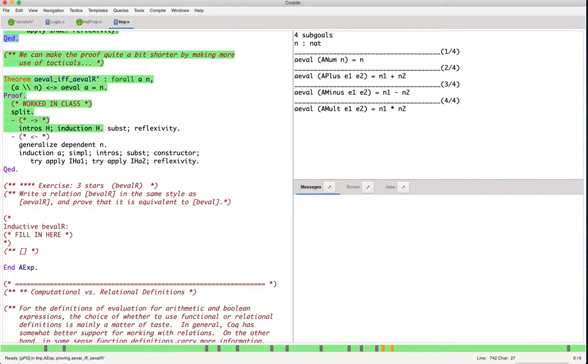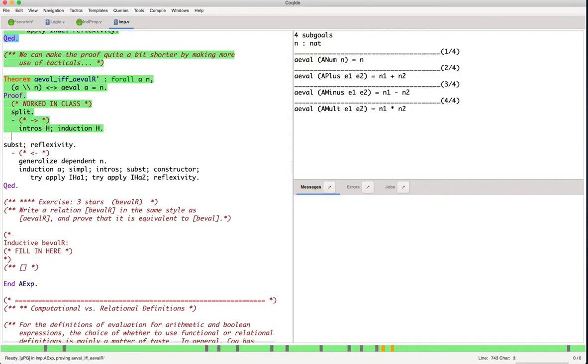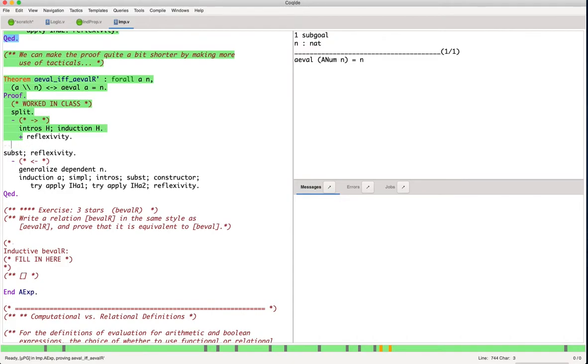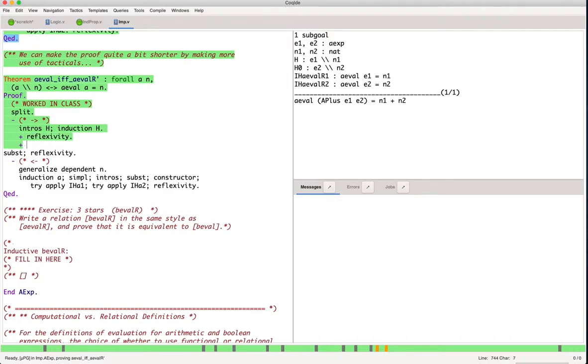Now you can see we've got 4 cases for the a-val side of things, based on the induction on the relation. If I go into one of these, that one's going to be pretty boring, that's going to be a reflexivity. I go into this one.